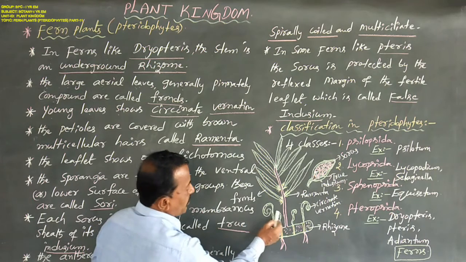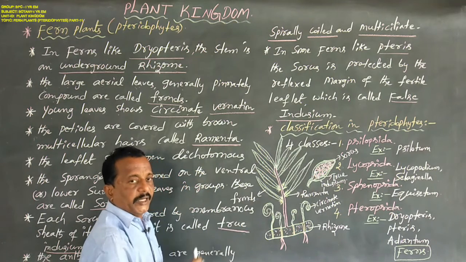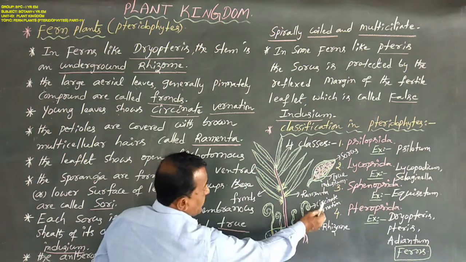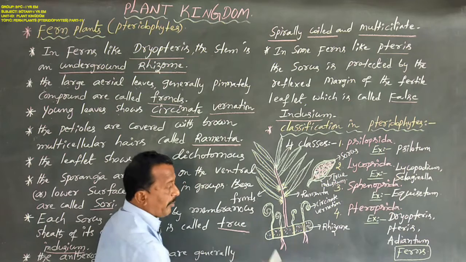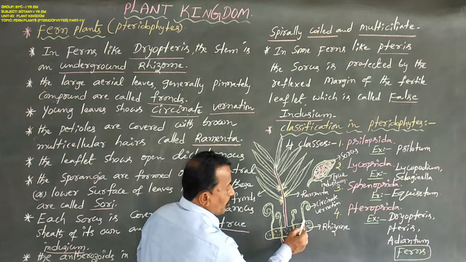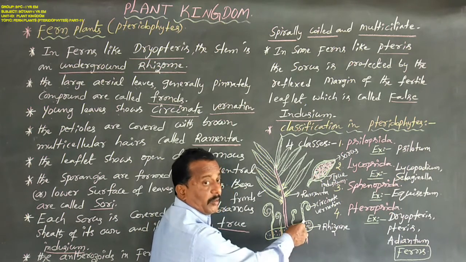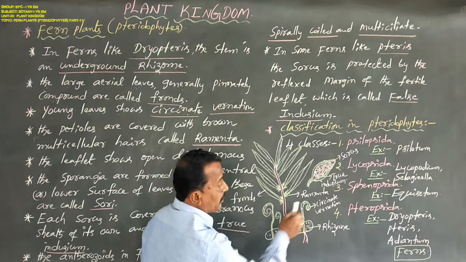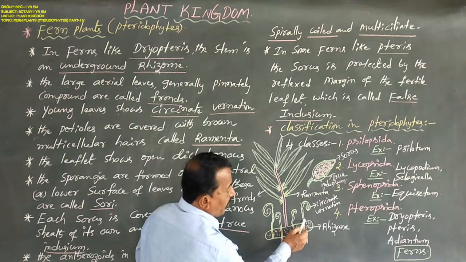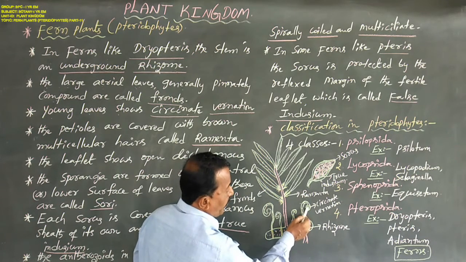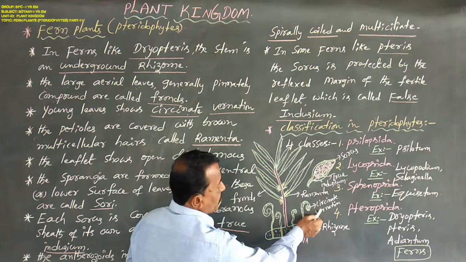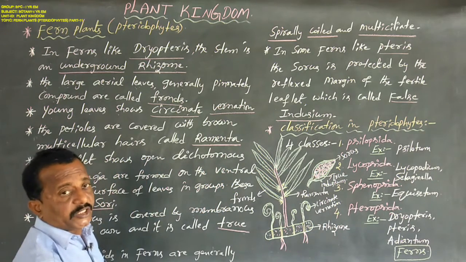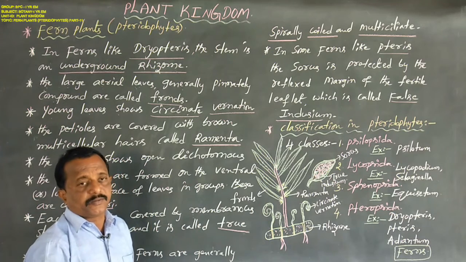Young or early leaves always show circinate vernation, so the leaf appears as a coiled structure. This is called circinate vernation, shown only in young leaves.